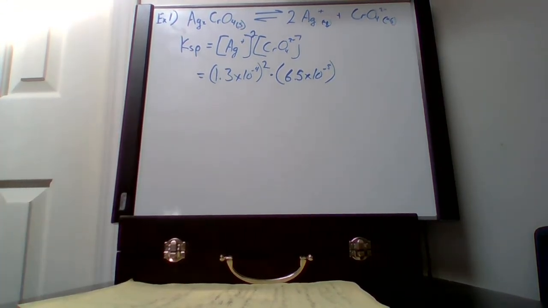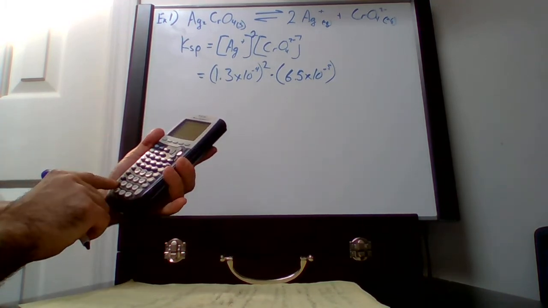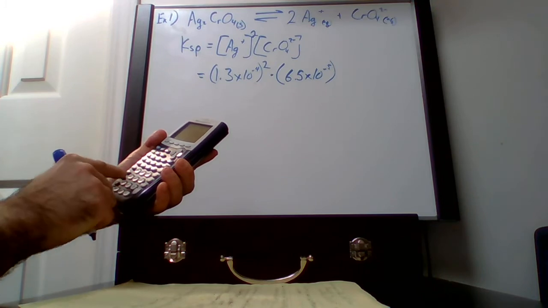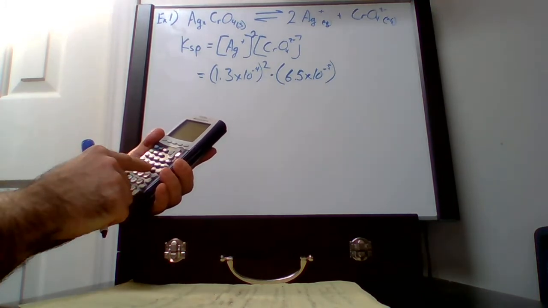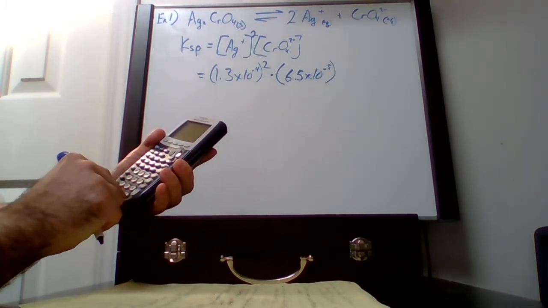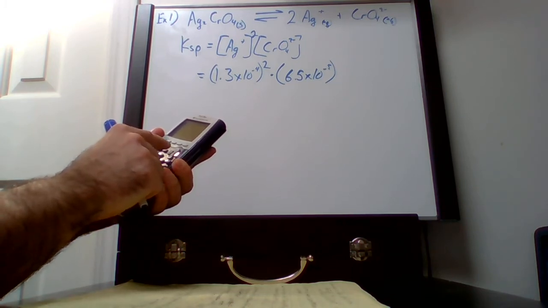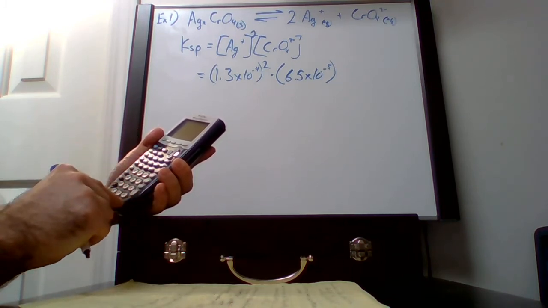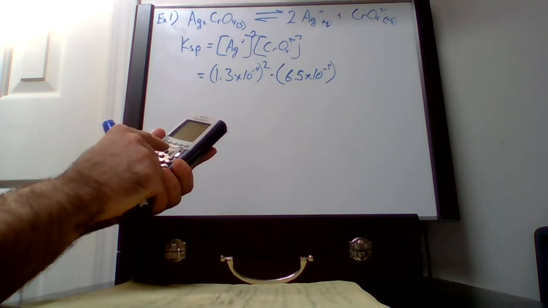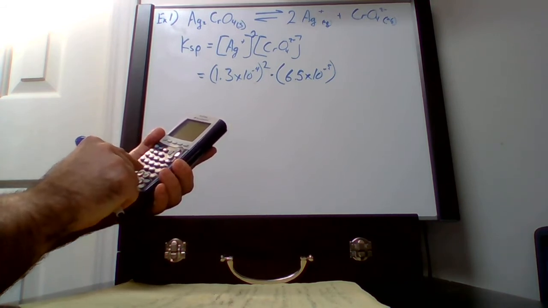And where to put my calculator? Let's just do this up real quick. 1.3 times 10 to the negative 4, all squared. Sorry guys, I'll make sure I don't do this next time.